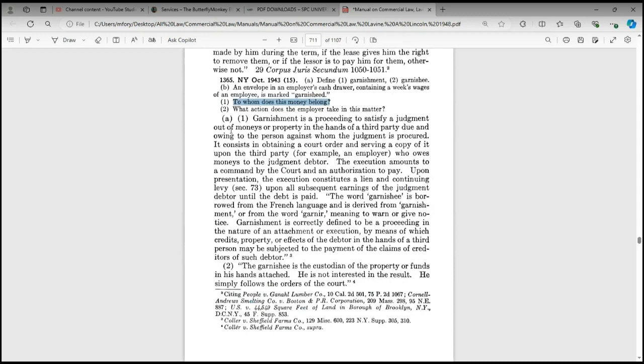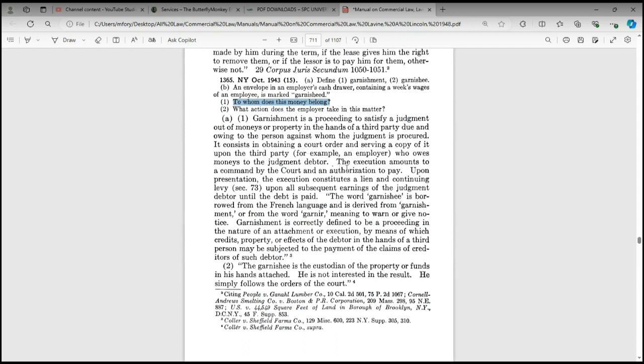Under income taxes. A1, garnishment is a proceeding to satisfy a judgment out of the monies or property in the hands of a third party due and owing to a person against whom the judgment is procured. It consists of obtaining a court order and serving a copy of it upon a third party, for example, an employer who owes money to the judgment debtor, meaning the defendant.